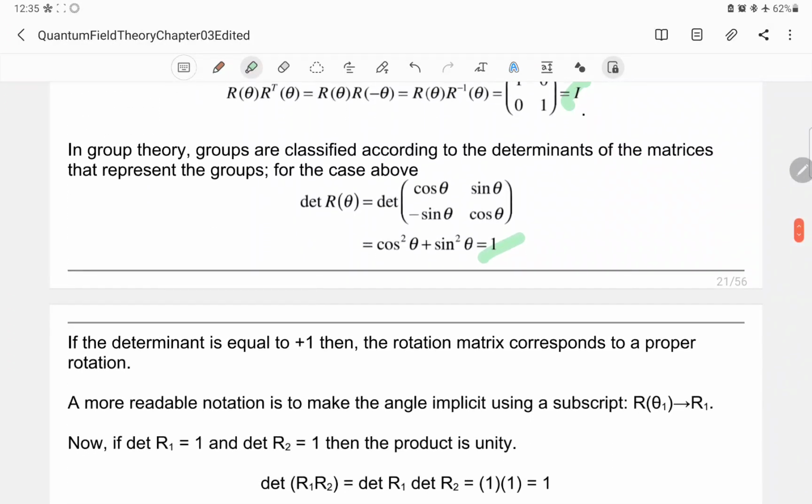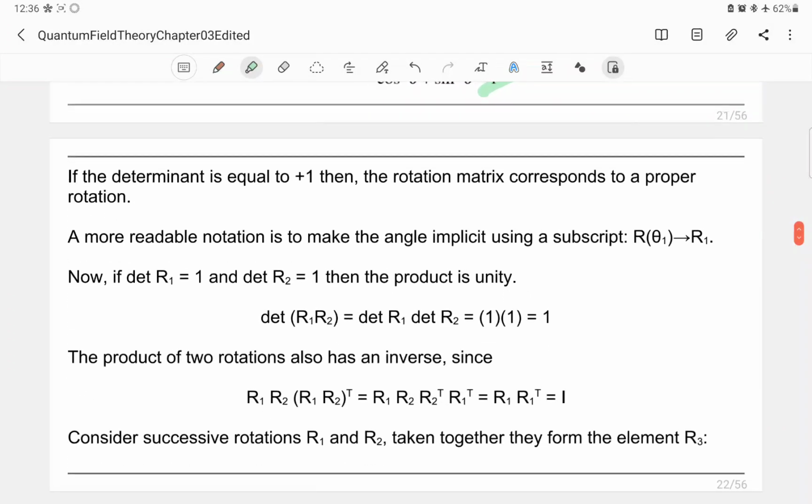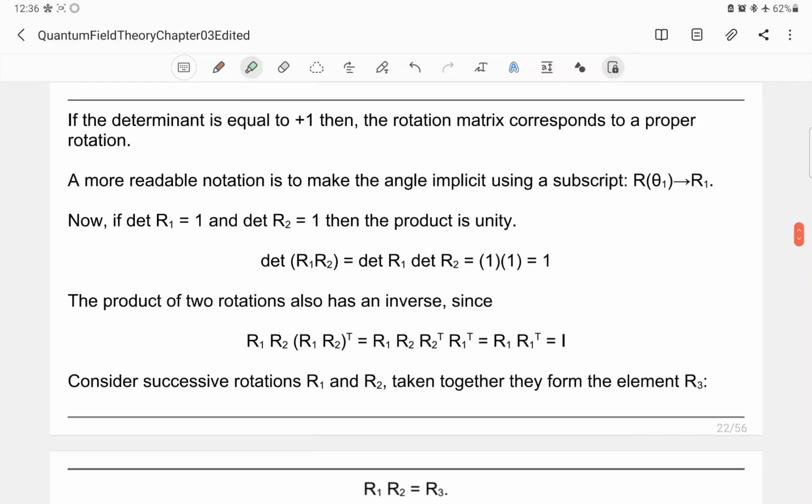And if the determinant is equal to 1, then the rotation matrix corresponds to a proper rotation. So we will make a subscript 1 of r as a rotation of theta 1.